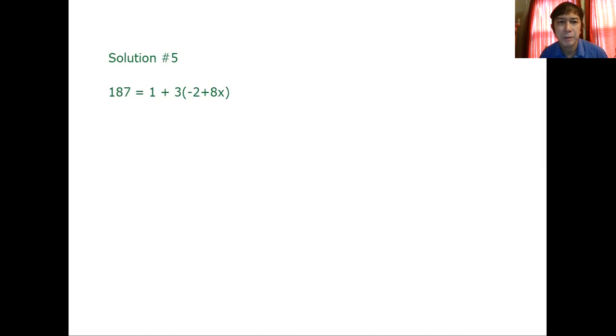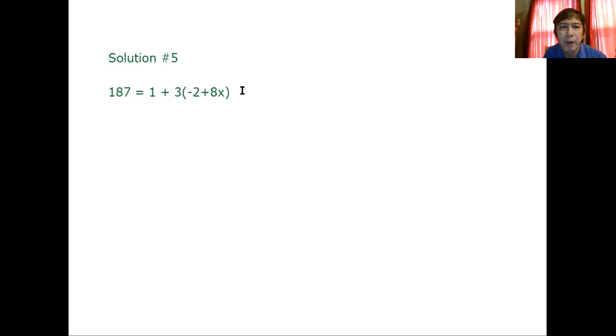Then after doing that, the right side will be reduced to negative 2 plus 8x. Or we can expand, which is another way: we will multiply 3 by negative 2, and 3 by 8x. There are several ways to do it, so let's try doing one solution at a time.